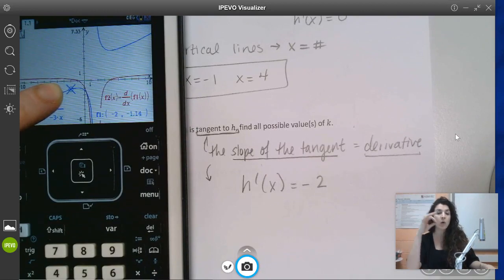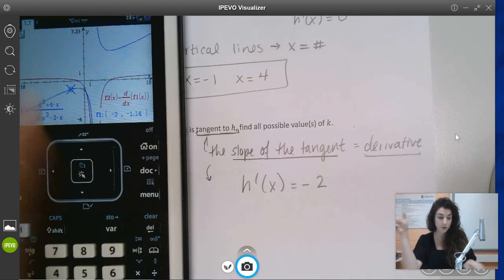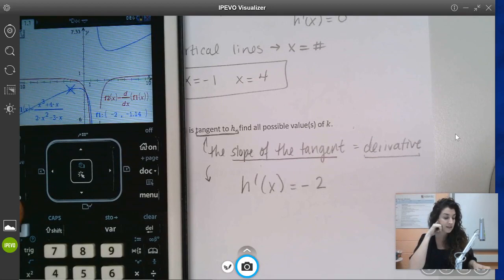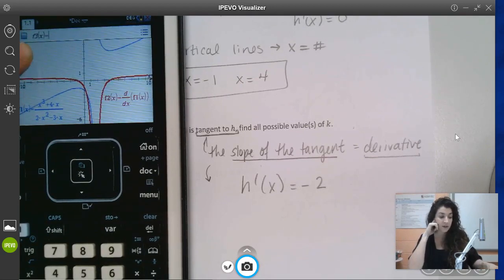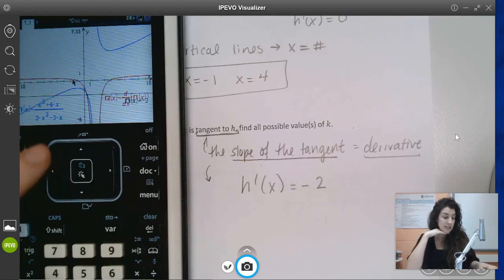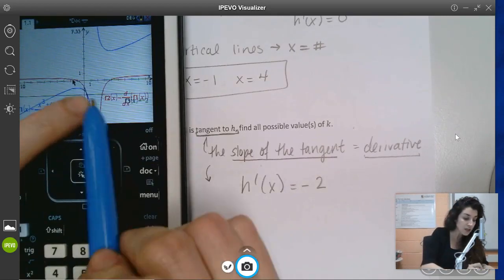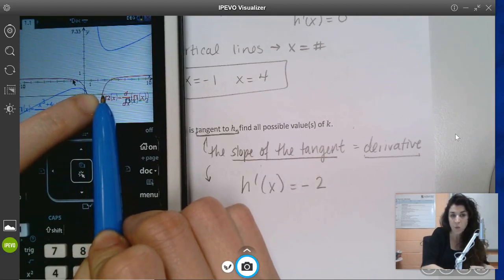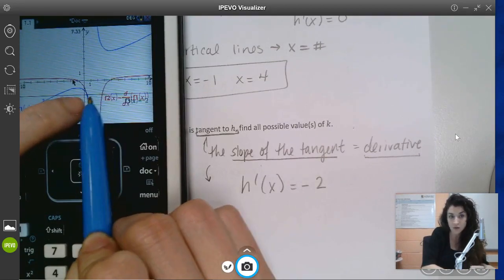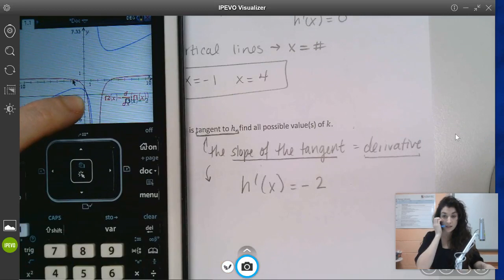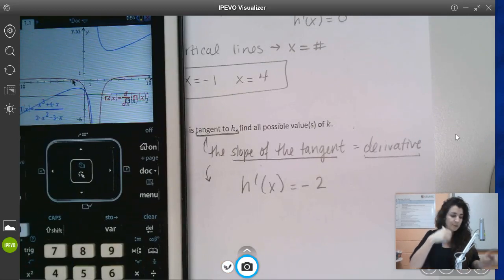So in order to figure out when y is equal to this, we need to graph another equation, which is -2. When we graph that other equation, it shows us this is a point that has a y value of -2, and over here would be another point that has a y value of -2.